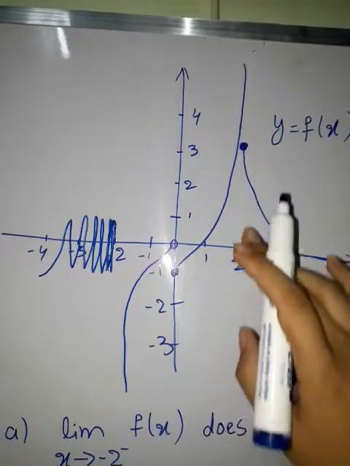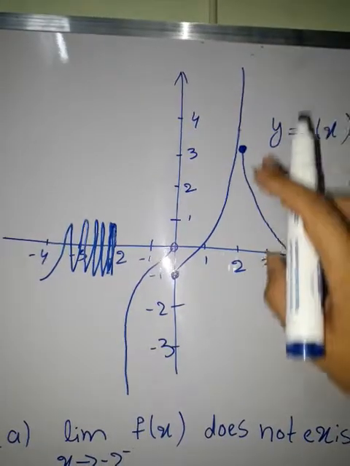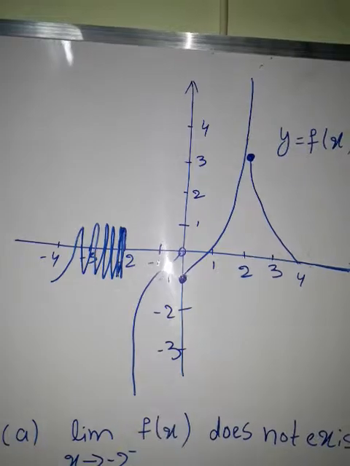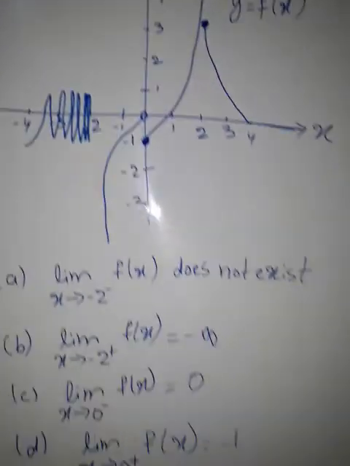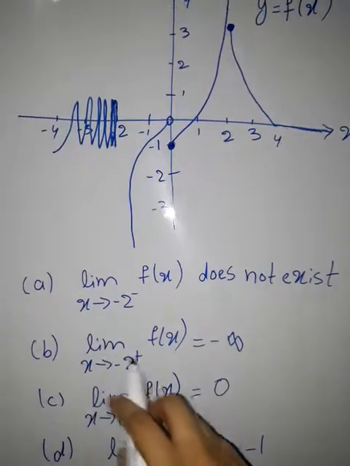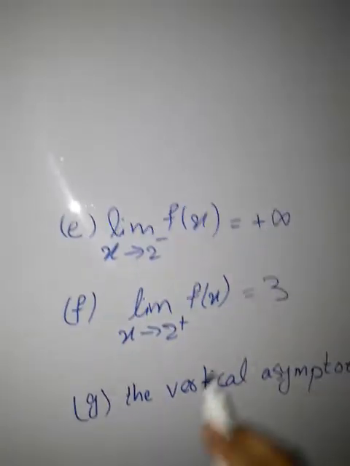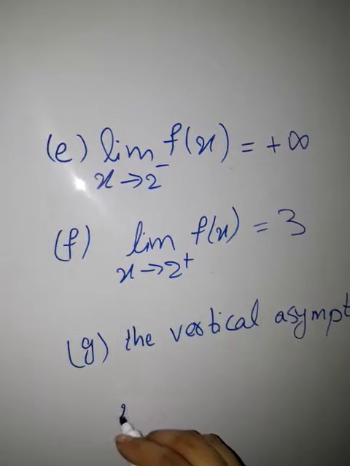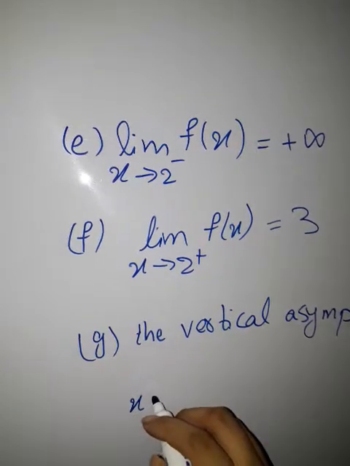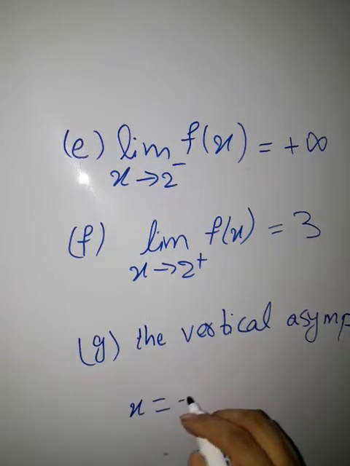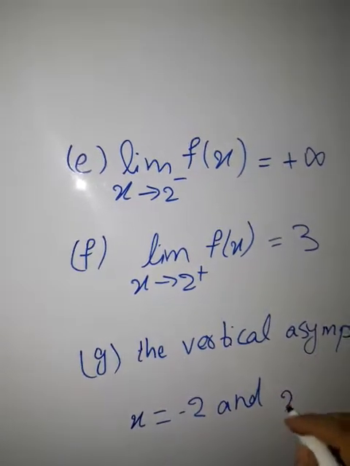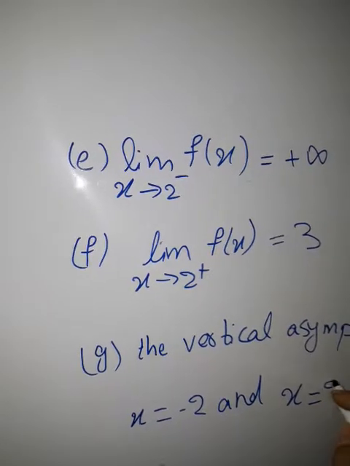At x equal to 2, the function is increasing without bound, and at x equal to -2, the function is decreasing without bound. As we have found limits in part B and part E, we can say the vertical asymptotes are at x equal to -2 and x equal to 2.